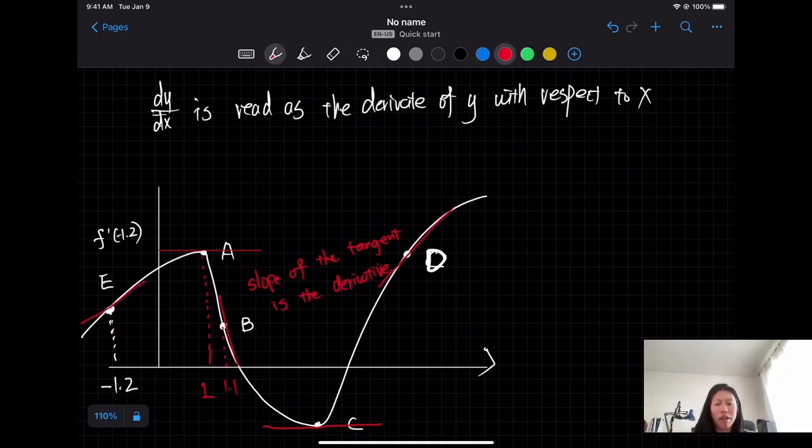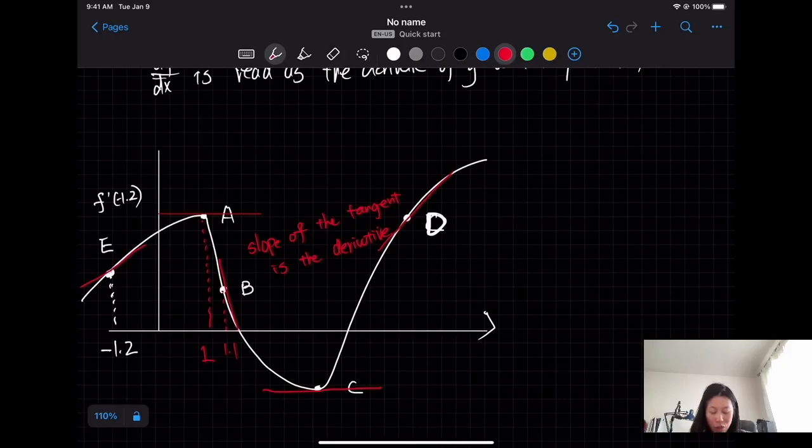We can even think about the entire interval. Like, for example, in this case, from point A to point E, I'm going to highlight it in red. For this interval, the function is going up, right? f(x) is going up.